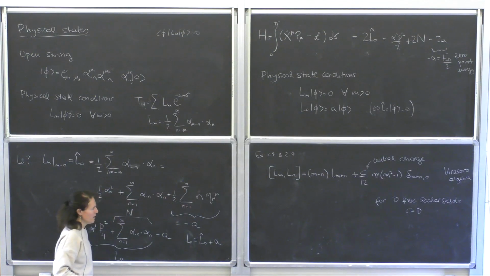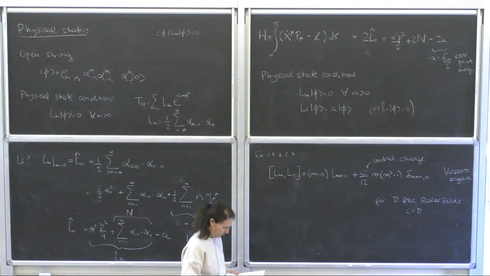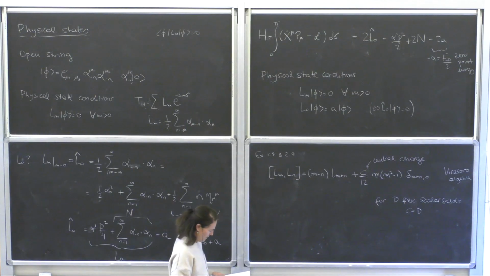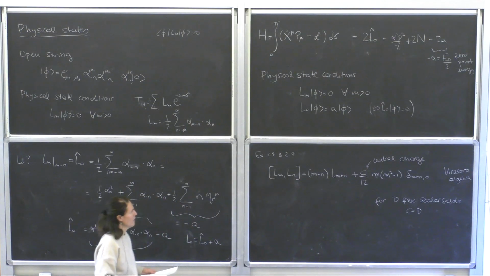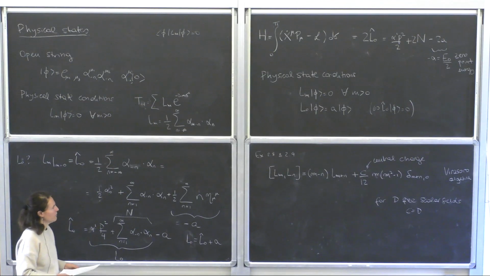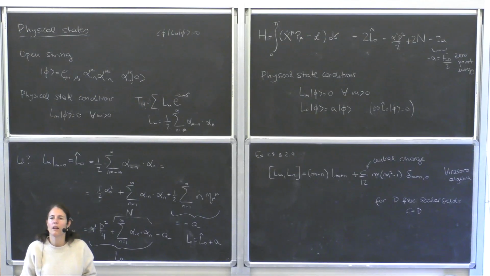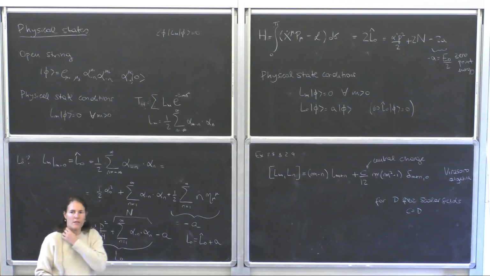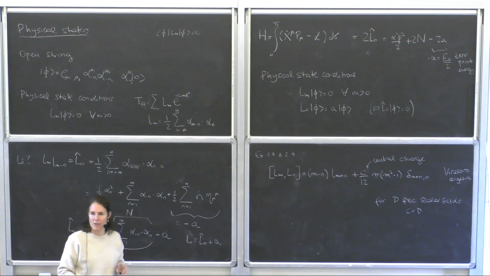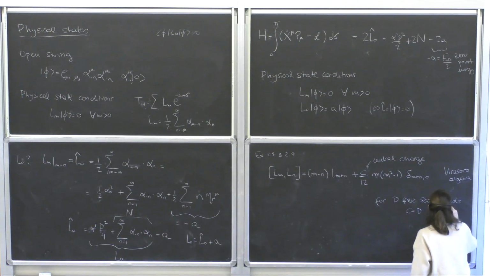So our central charge of the system is C equals D. A collection of free scalar fields, in two dimensions, right?